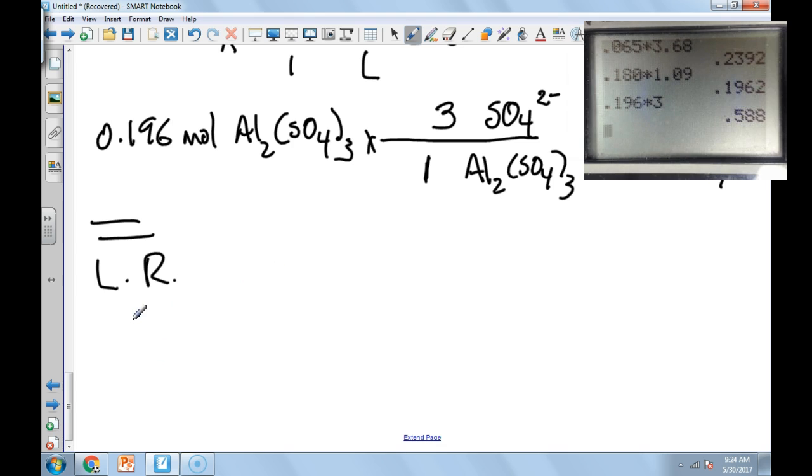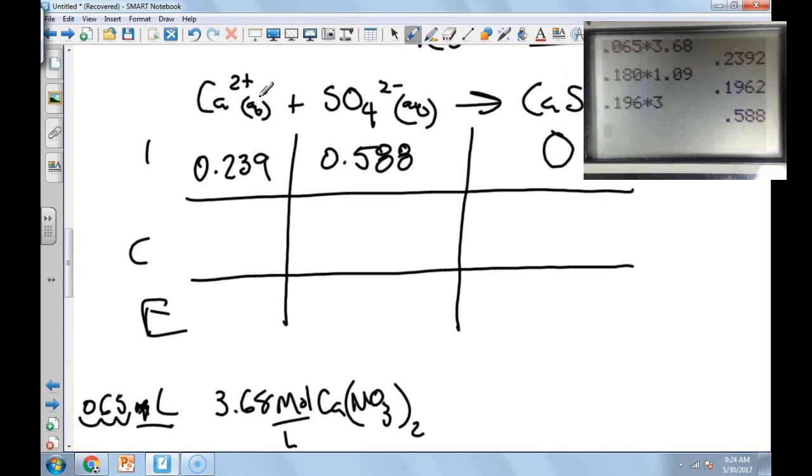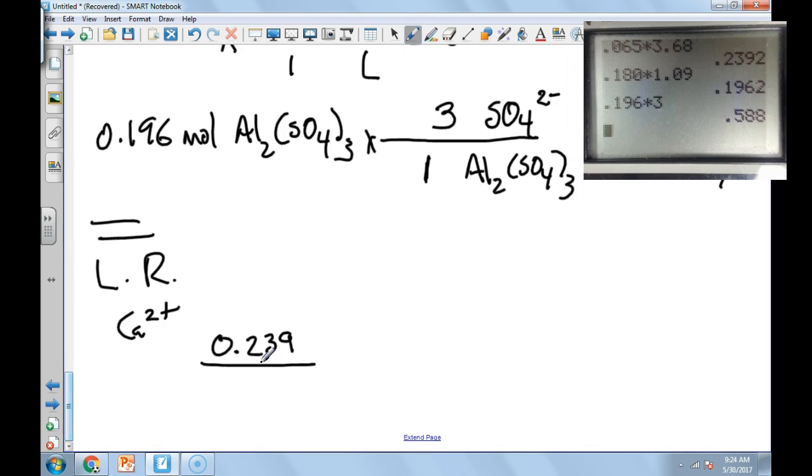For calcium, we take how many moles initially we had, and you can see right in the calculator that calculation is right up there, 0.239, and then we divide by the coefficient in the balanced equation. That's 1, which gives us 0.239.